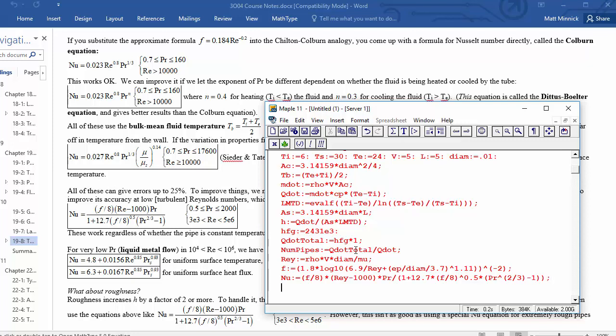So that's going to be our Nusselt number, and then h is equal to the Nusselt number times k divided by the diameter. So Nusselt number is equal to h times diameter divided by k.